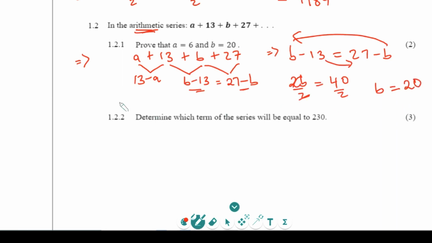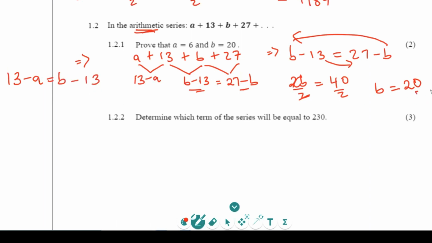And then I come to a. I can choose to either equate 13 minus a is equal to b minus 13, or just replace this 20 into this. So 13 minus a is the same as b minus 13.